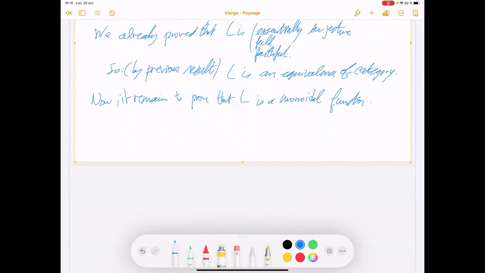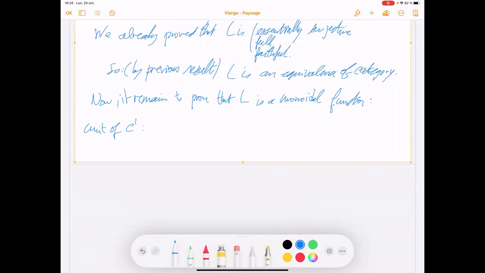So for the monoidal functor, we need the unit of C and the unit of C prime, C tilde, as I wrote it.